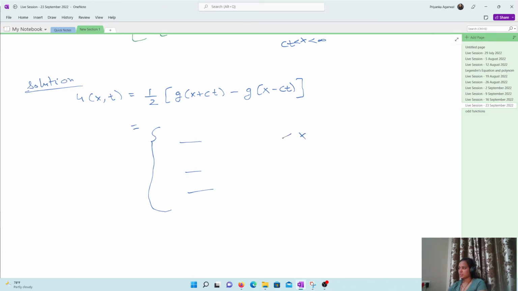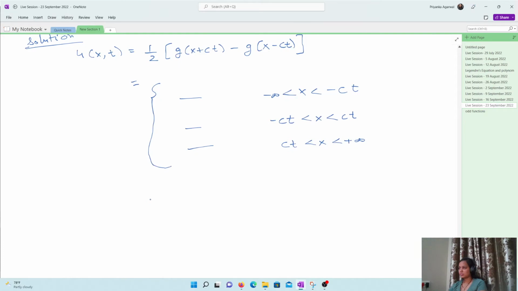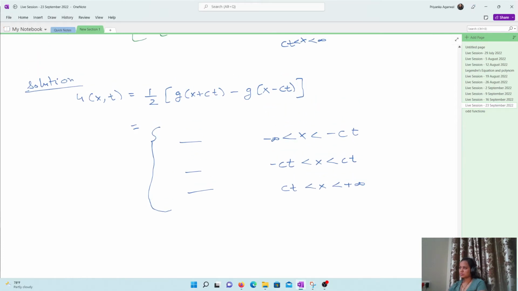When x lies between minus infinity and minus ct, then the other case will be when x lies between minus ct and ct, and the third case when x lies between ct and infinity. Okay. So I'm just writing it 1, 2, 3 and let's see what 1, 2, 3 are.